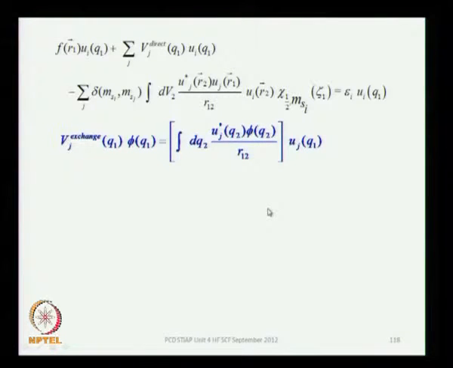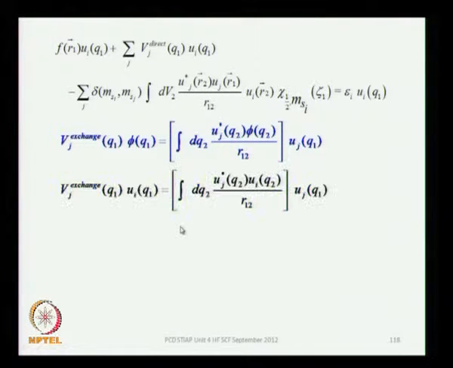This is the definition of the exchange operator, and since this holds for any phi, it will also hold for u_i of q1. So, we will operate by the exchange operator on the ith spin orbital. Okay. Now, this is the spin orbital. So, when you operate on the ith spin orbital, in place of this phi of q2, you will have u_i of q2, and this u_j of q1 will come here as an operand as before.